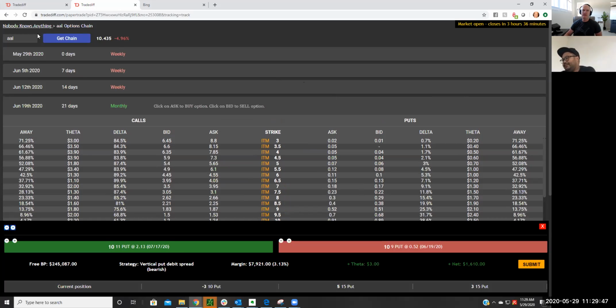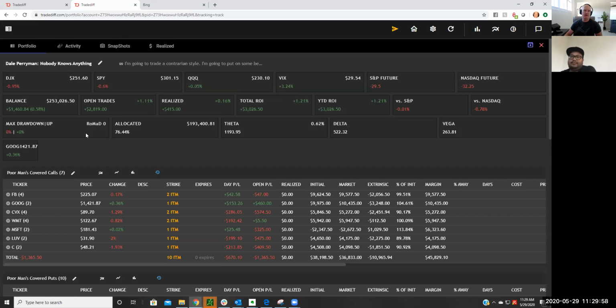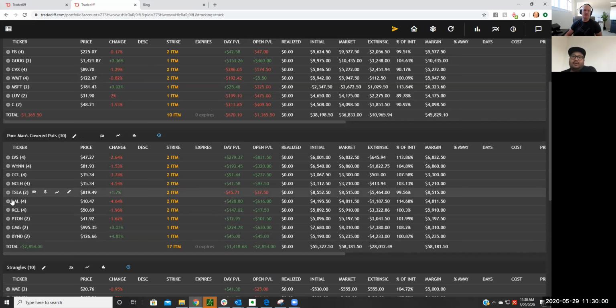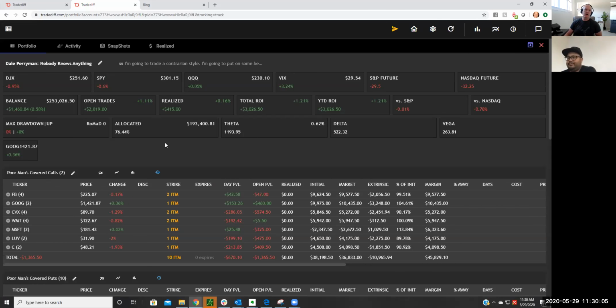And I don't know why it's that cheap, because I don't believe I have any other trades on American. Yes, I do. That's why. Okay. So if you want to crank up the number of contracts, feel free to.